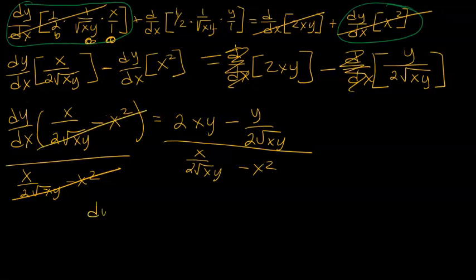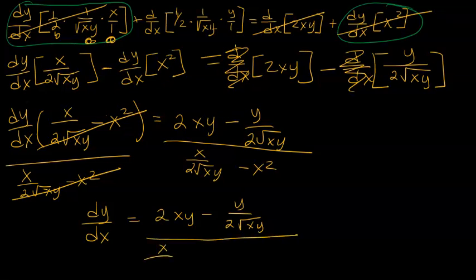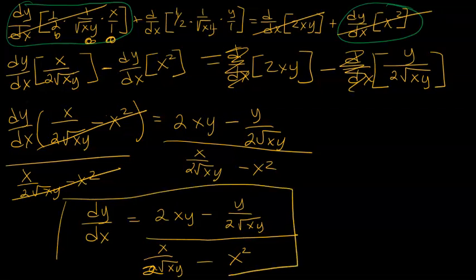I'm left with dy dx equals 2xy over y 2 square root of xy, all over x over 2 square root of xy minus x to the second power. That's number 2. Great. This whole entire thing, all of it, this is the answer.